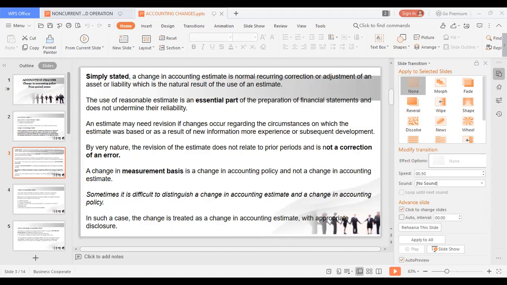Then we have a period of 3 years expired. So the accumulated depreciation on the building is 3 million. On the machinery, the original life is 10 years. So annually, it will be 1,050,000 times 3 years. And for the furniture, the original life is 7 years.